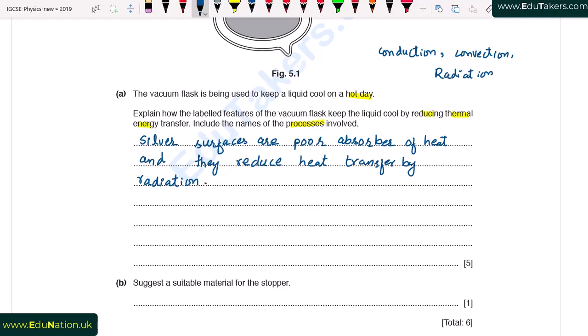So there is also vacuum. This vacuum stops the heat transfer by conduction because it lacks any medium. So I write here vacuum stops heat transfer by conduction, due to the lack of medium.